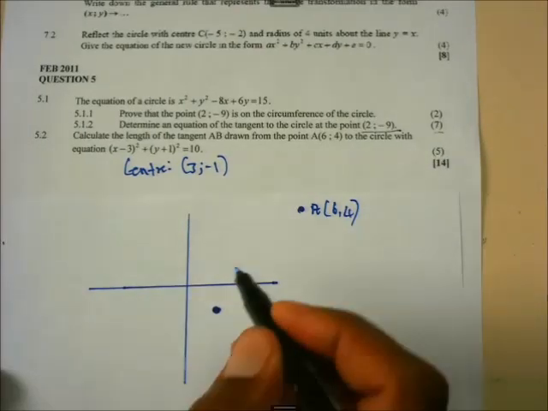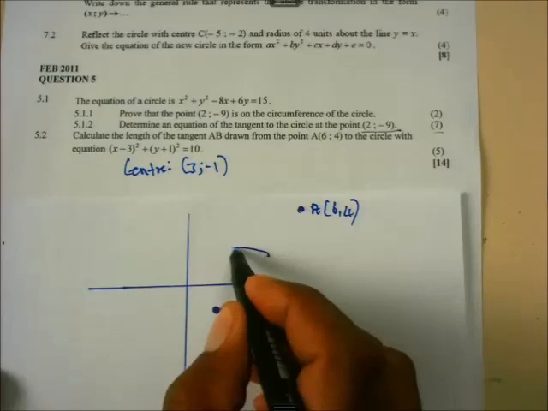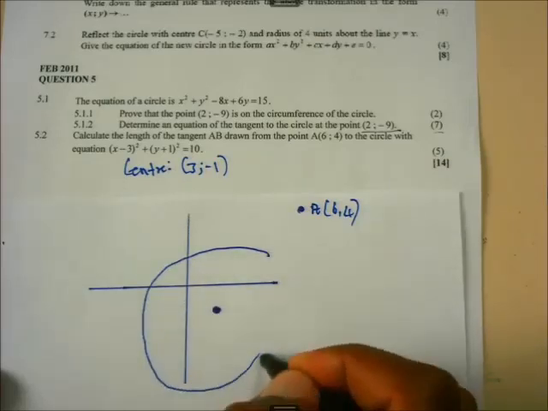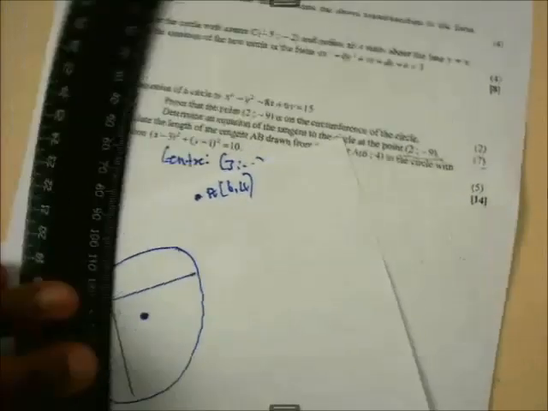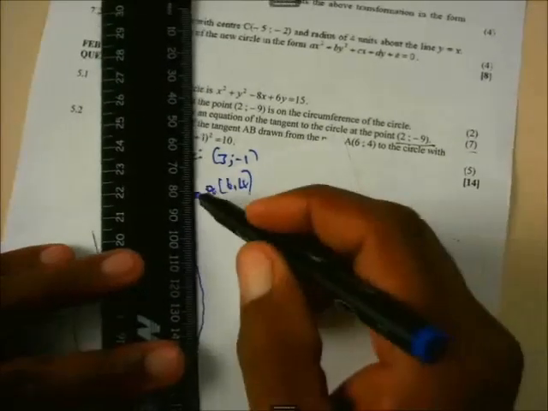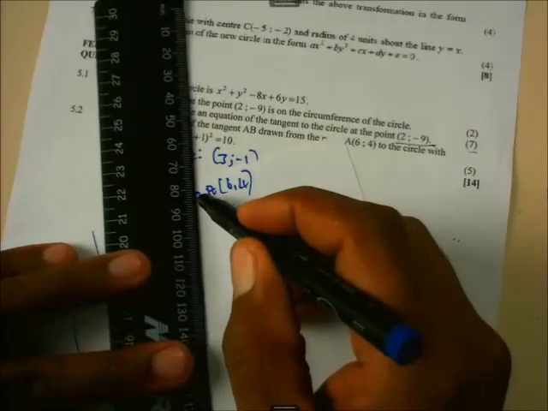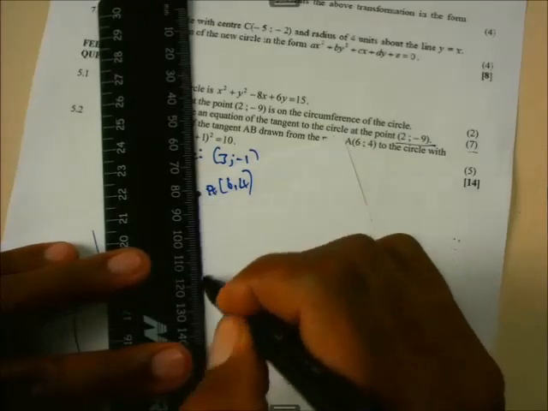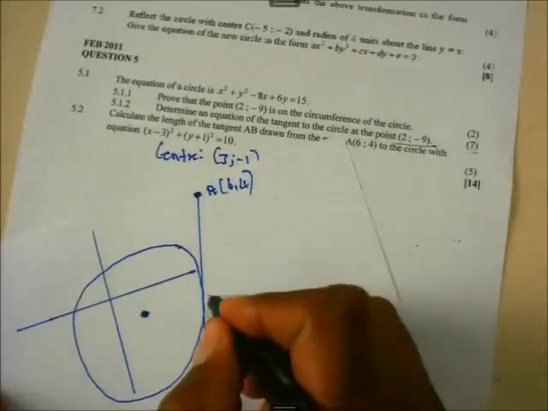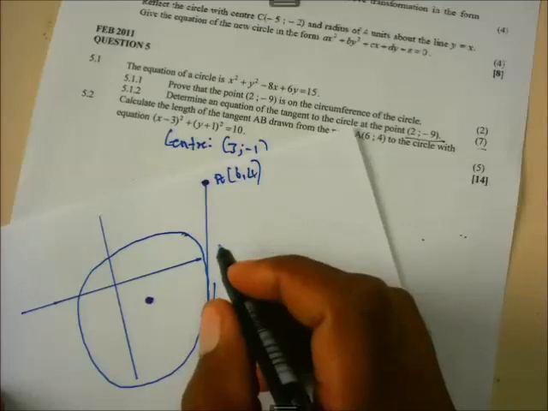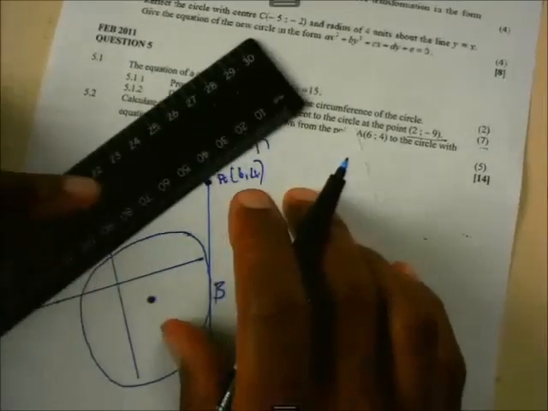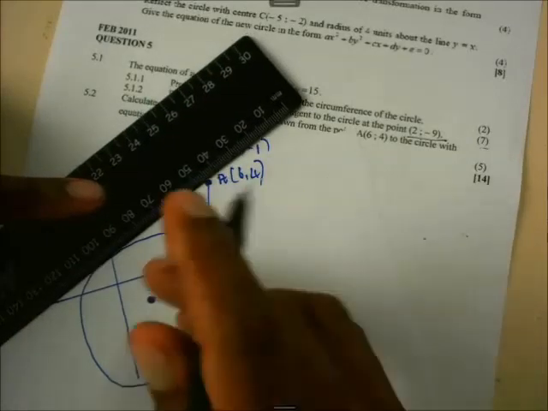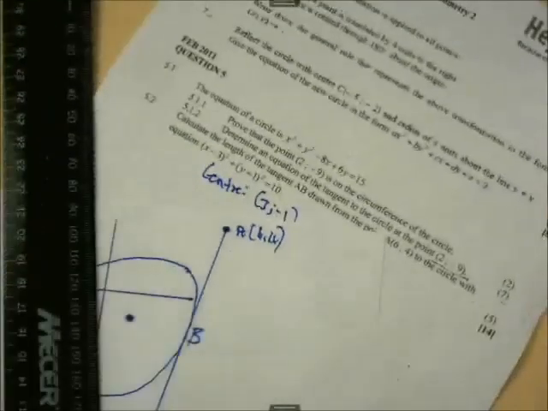Right, boys and girls, if this is our circle here, we can say the tangent can be on this side, and this one is our B. Or it can also be on the other side. But let us take it to be on this side.